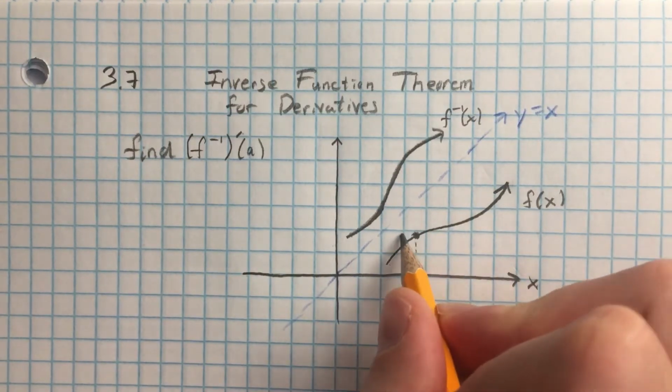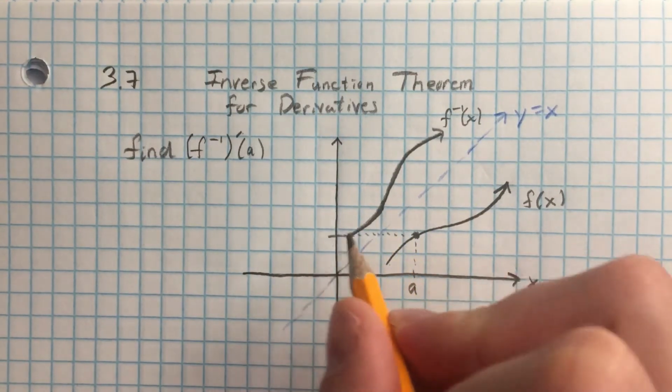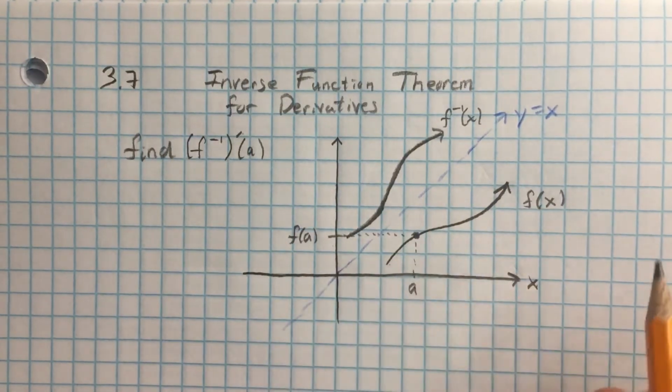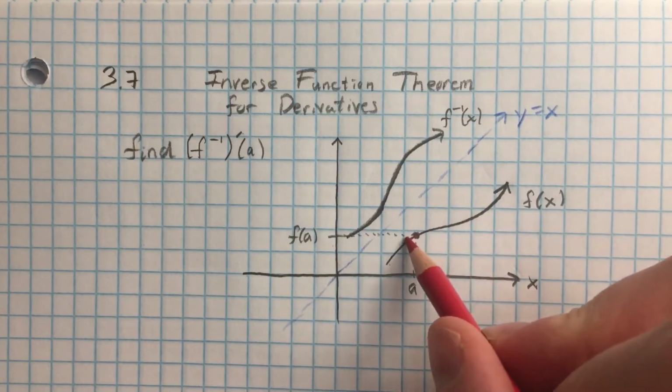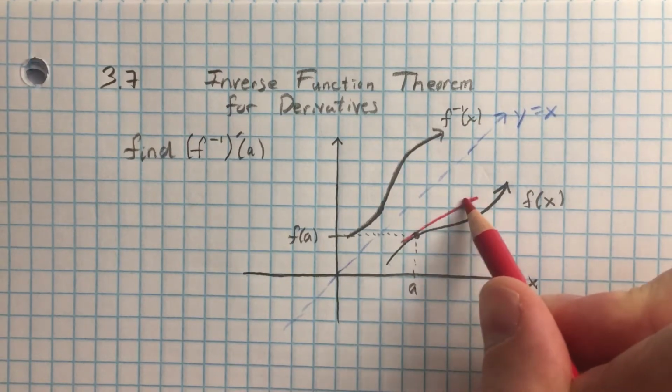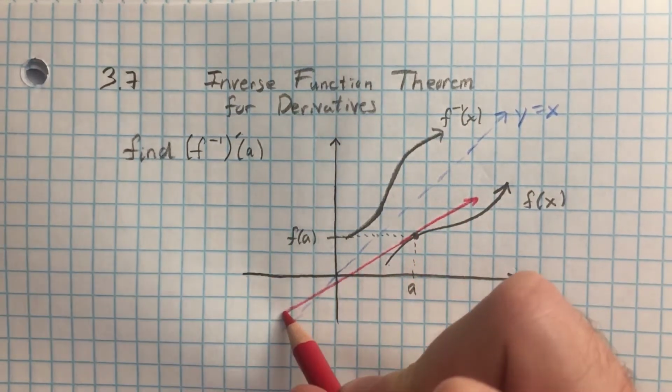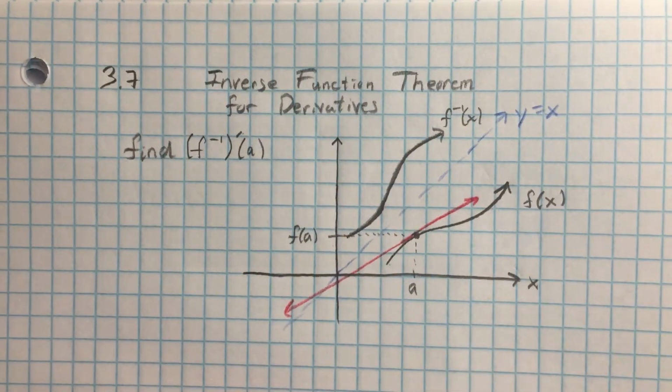And so the function value, height here, is of course f of a. So a comma f of a is sitting right there. And if I draw a tangent line there, it looks something like this. That's reasonable.